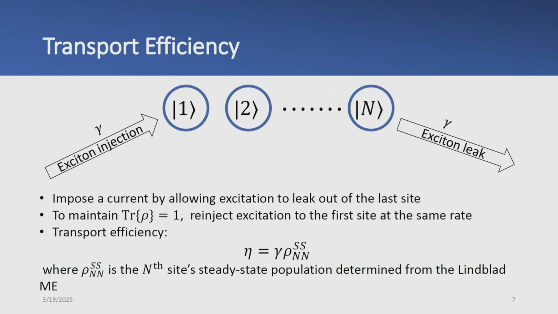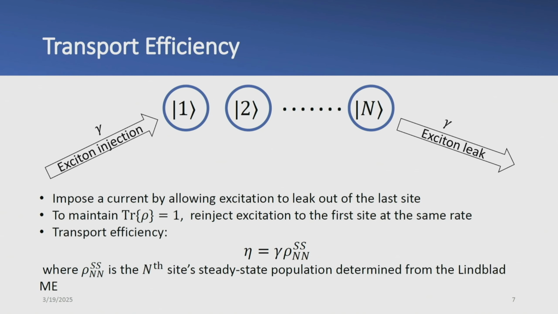To mimic a real system where I might see transport like a solar panel, I'm going to assume that there's a population current through my system, and I'm creating this current by letting excitons leak out of my last site at some rate gamma. And to maintain a unit trace of my density matrix, I'm going to re-inject the excitons at the same rate into the first site, once again, to have a current.